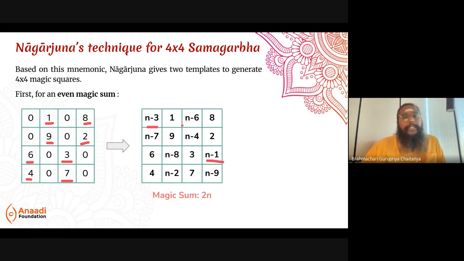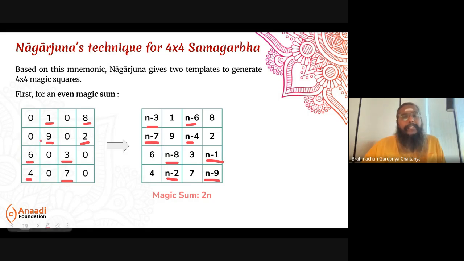Okay, this is the expression he says. Across 1, n minus 1. Across 3, n minus 3. Across 2, n minus 2. Across 6, n minus 6. Across 4, n minus 4. Across 8, n minus 8. Similarly, diagonally across 9, n minus 9. Diagonally across 7, n minus 7.